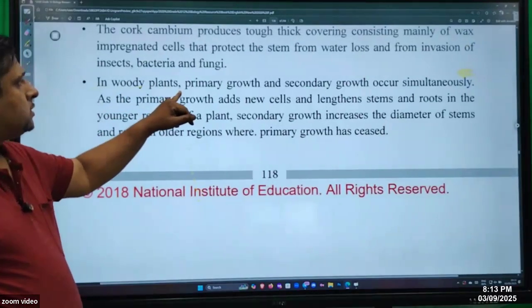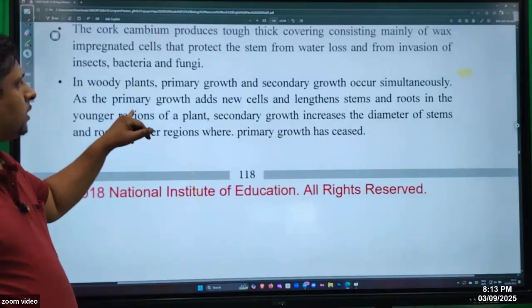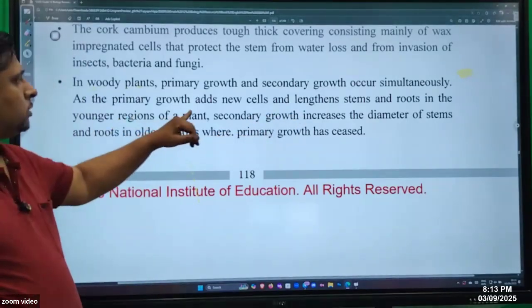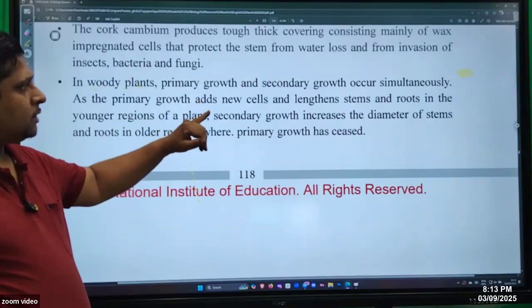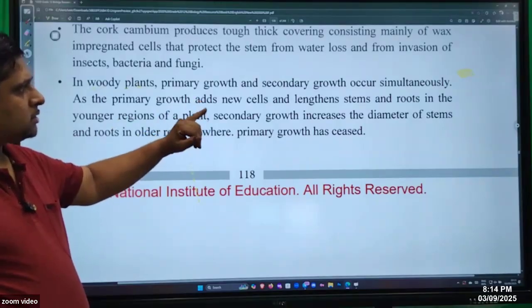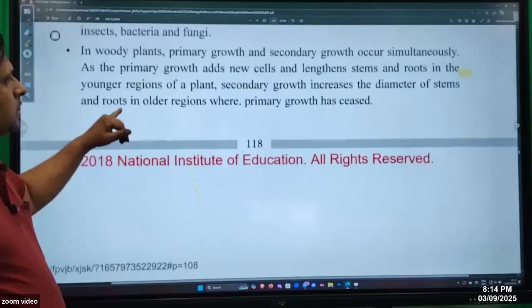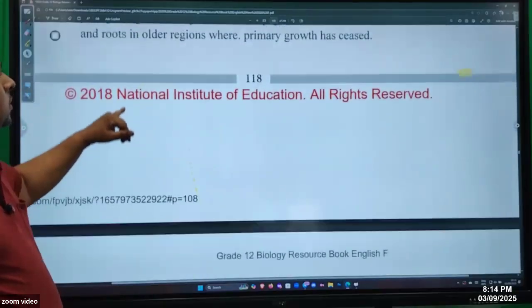In woody plants, primary growth and secondary growth occur simultaneously. The primary growth adds new cells, lengthens the stem and the root. In the older regions of the plant, secondary growth increases the diameter of the stem and roots.